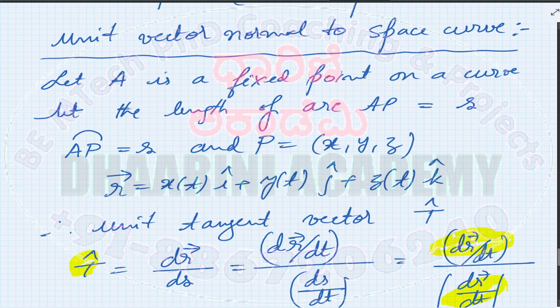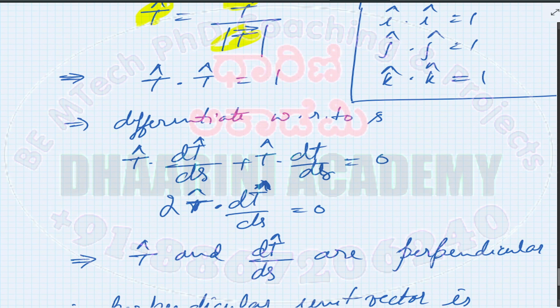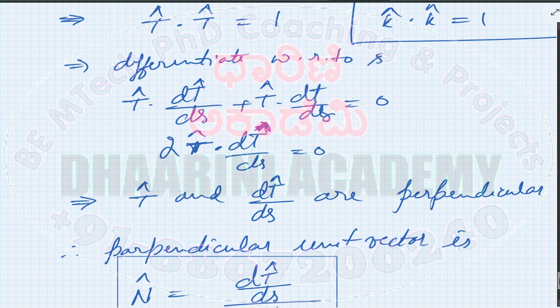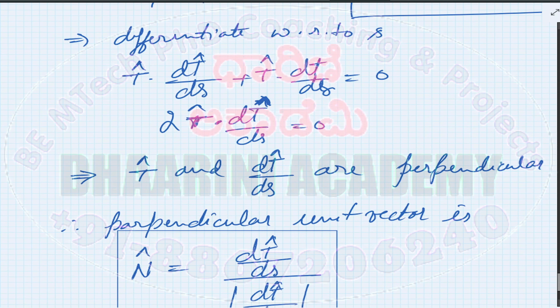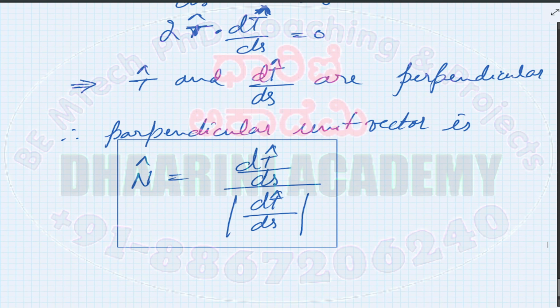Then we went to the concept of the unit vector normal to a given curve. A space curve is some given curve, where we initially calculate a tangent vector, and differentiation of the tangent vector gives you the perpendicular component. That's what we understood: t cap and dt by ds are perpendicular to each other. So if you want a perpendicular unit vector, then n cap is the answer, which is dt by ds divided by its magnitude.